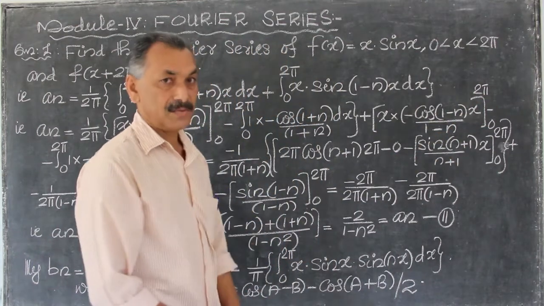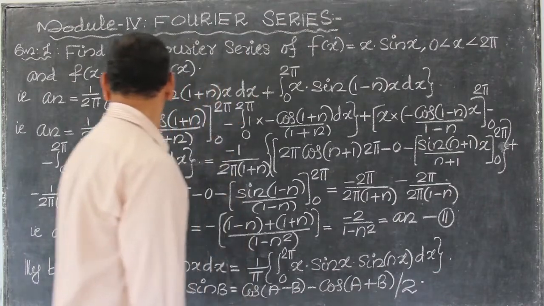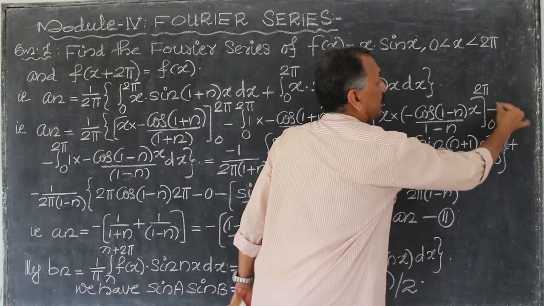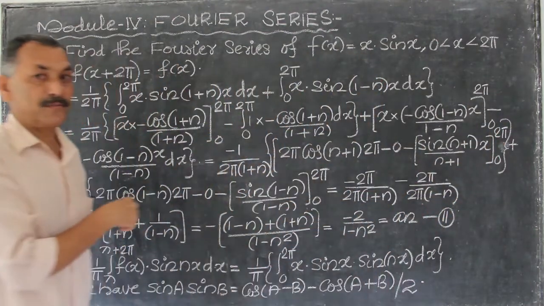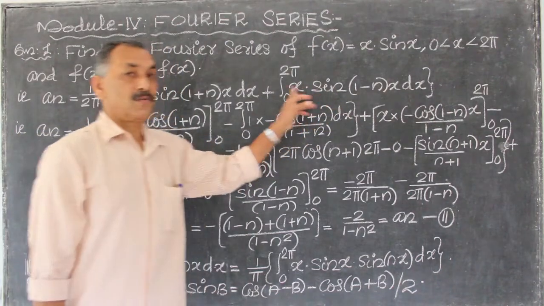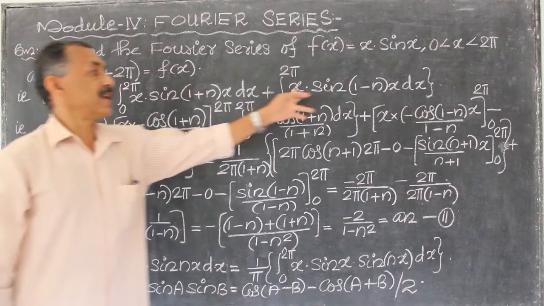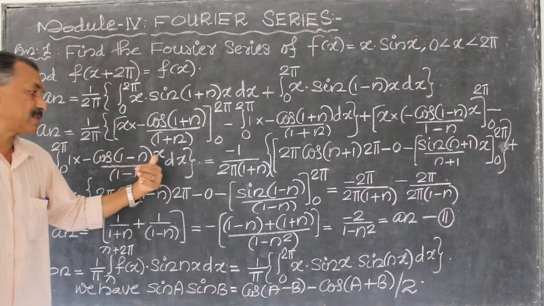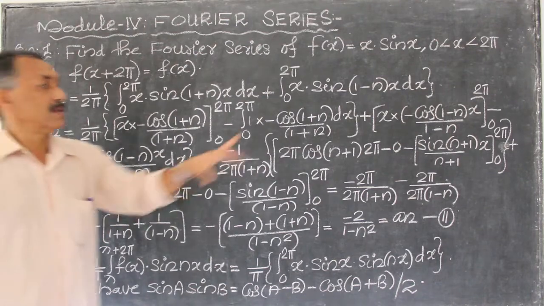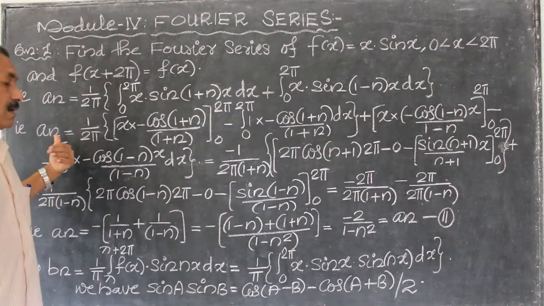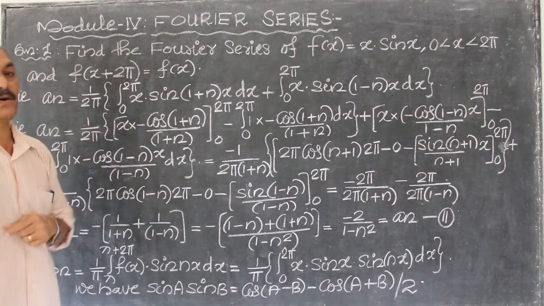First into integral of second, minus integral of derivative of first. What is derivative of first? 1 into integral of second, minus cos 1 minus n x divided by 1 minus n dx.